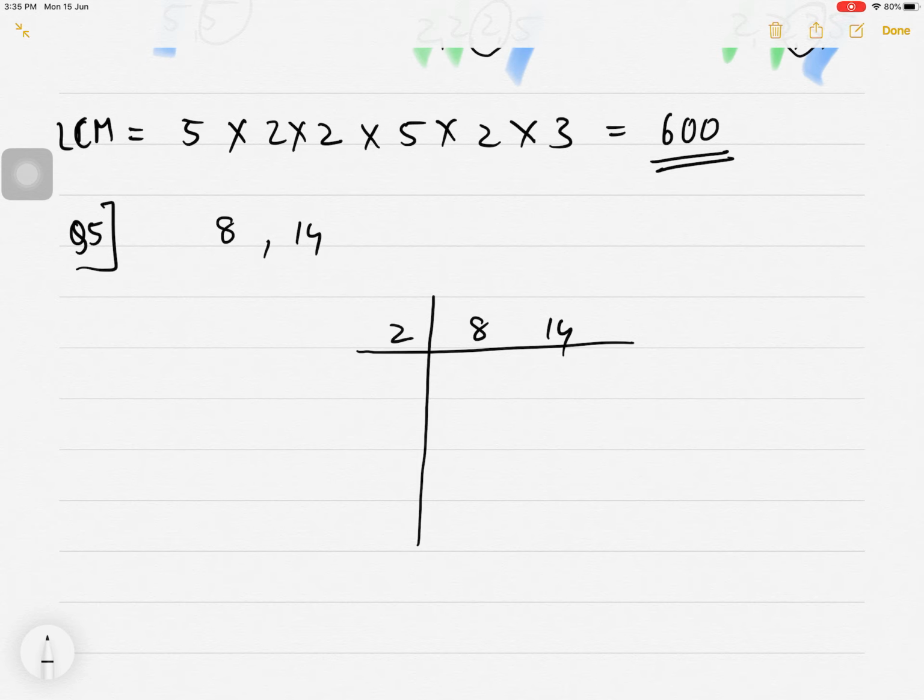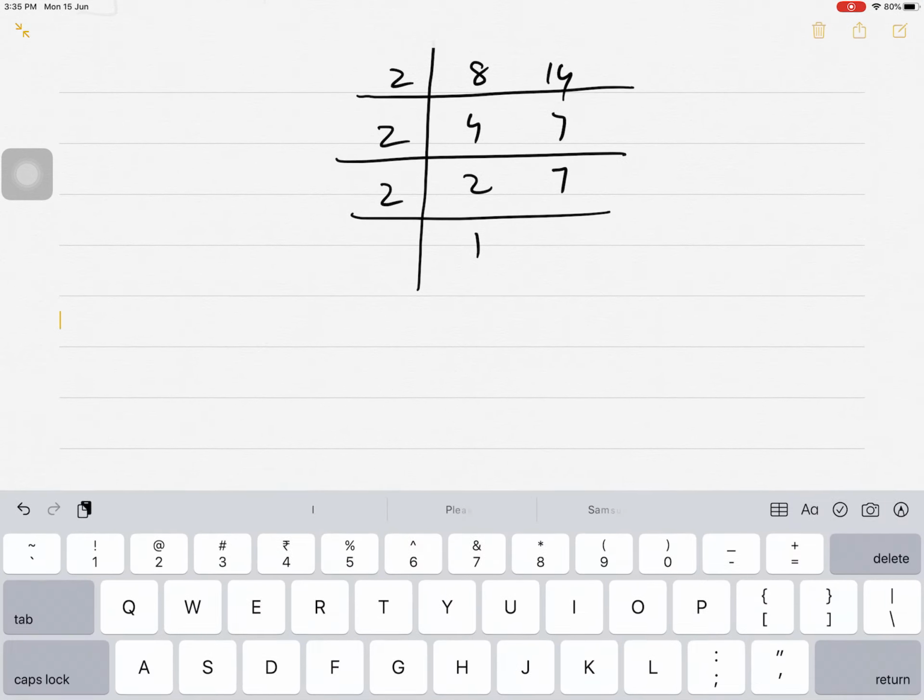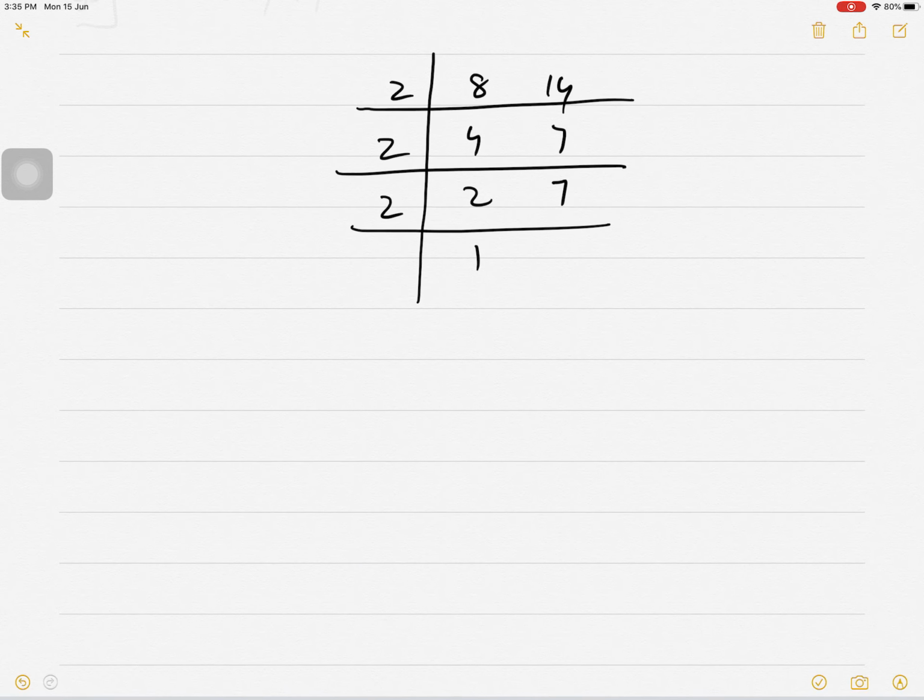So 2 4s are 8, 2 7s are 14. Okay. 2 2s are 4. 7 is not divisible by 2, so you will write 7 as it is. Again 2 1s are 2. 7 is not divisible, so write 7 as it is. And then 7 1s are 7.